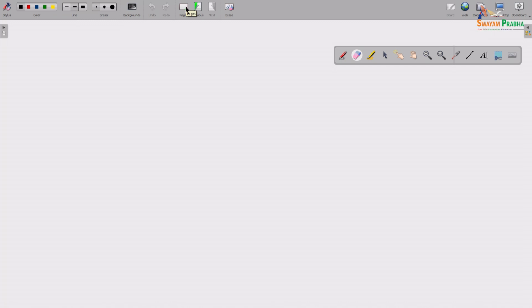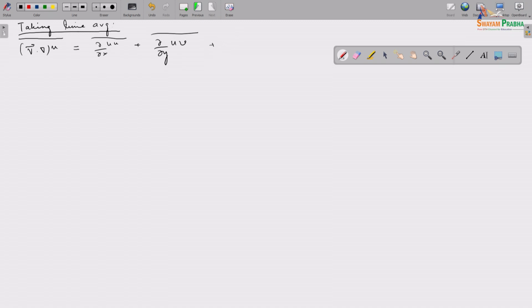then let us take a time average. Let us take a time average of this, and a time average of that is equal to a time average of that, which is also a time average of that.